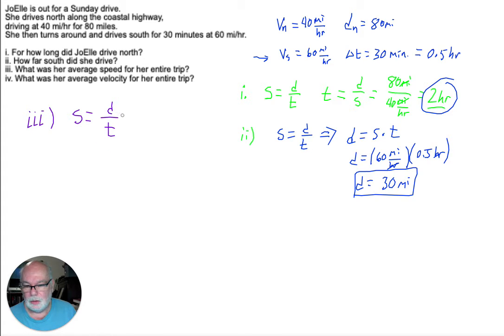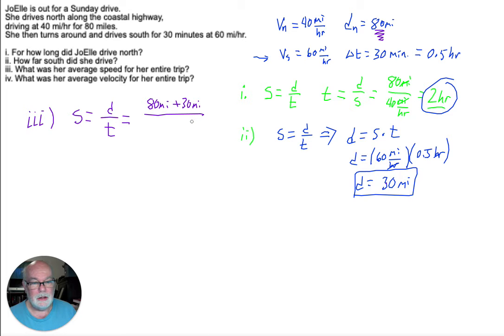How far did she drive? Well, she drove 80 miles to go north, and then she drove back a distance of 30 miles. So 80 miles plus 30 miles would be the total distance that she drove.